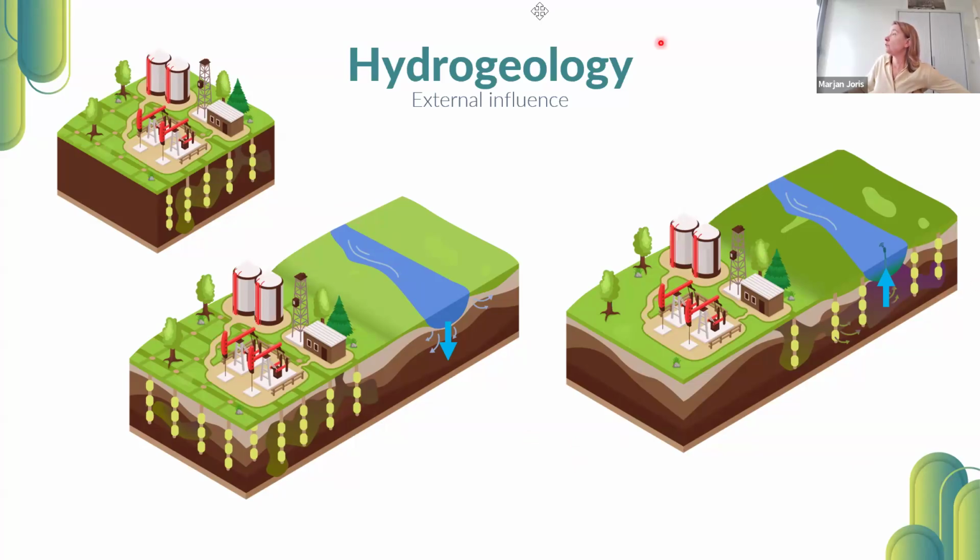It's not only natural things that can influence the groundwater flow, but it can also be activities, pumping activities, or redevelopment of a site that can influence the hydrogeology, and by this also the spreading of the contamination.